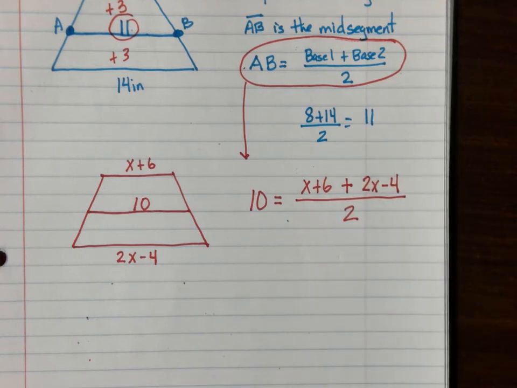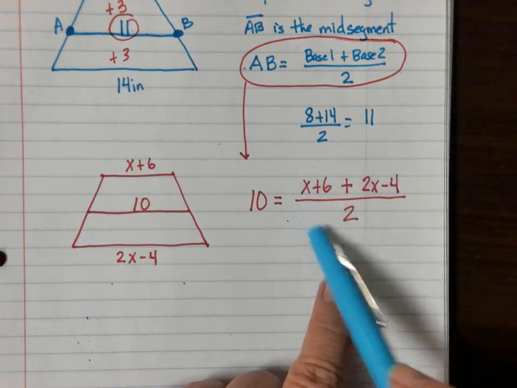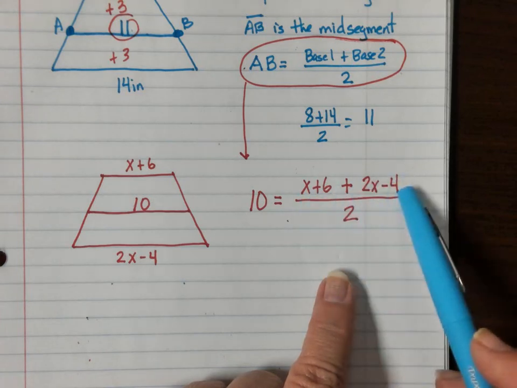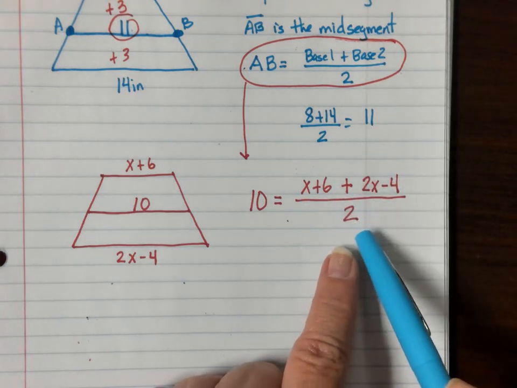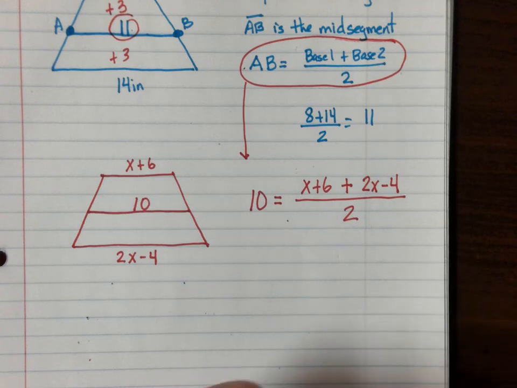Now we're going to do the algebra. So we've got this fraction here, and we've got this whole thing is divided by 2. So how do you get rid of division? You get rid of division by multiplying.